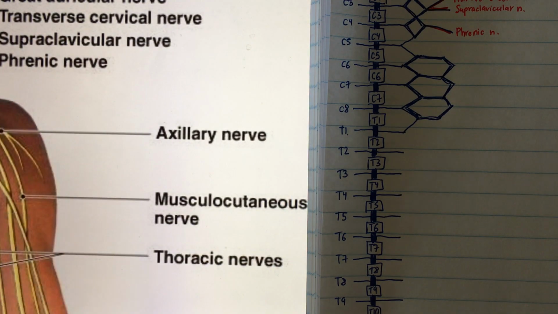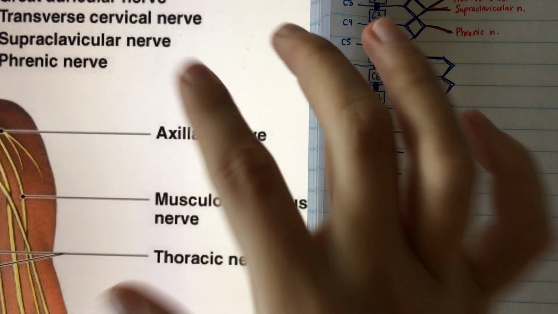And from it, there's several arm nerves that originate.